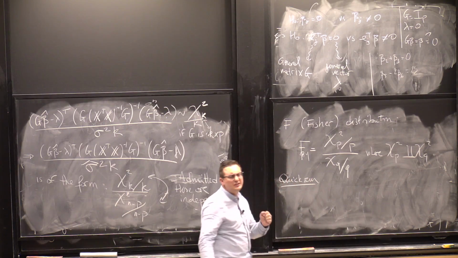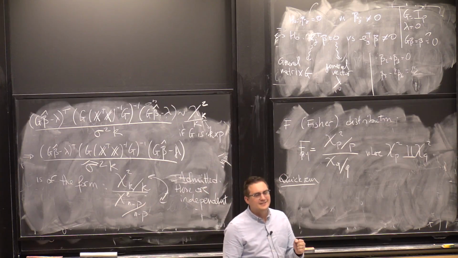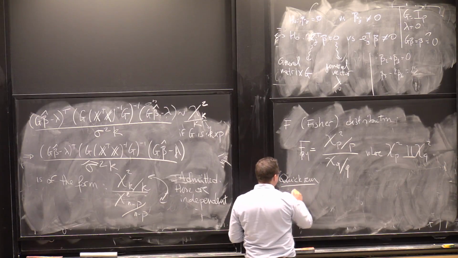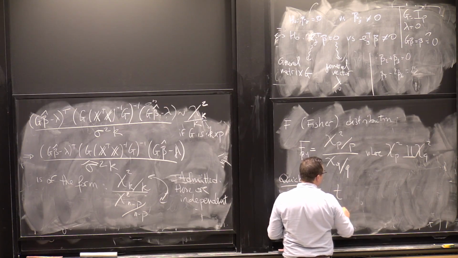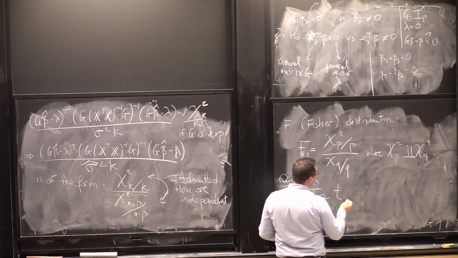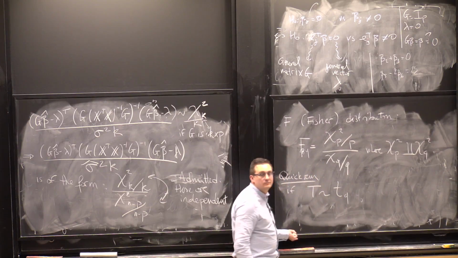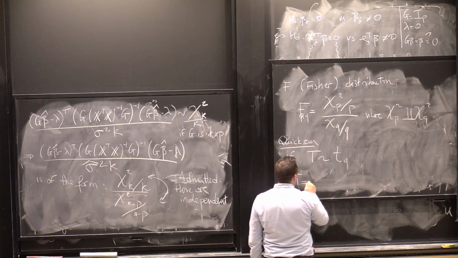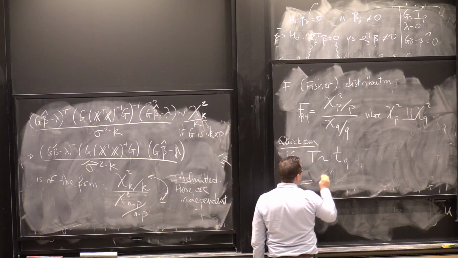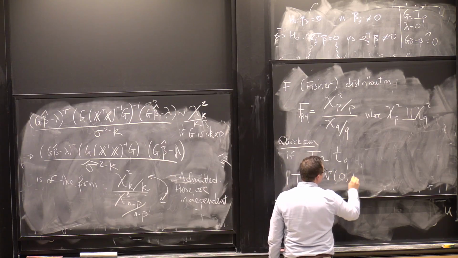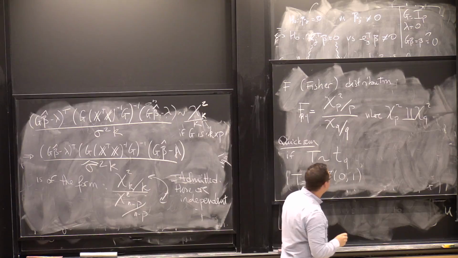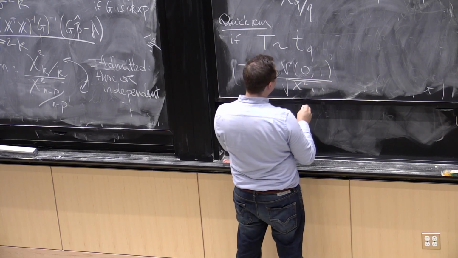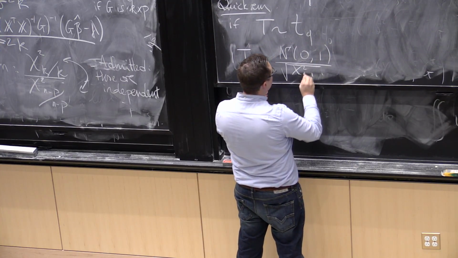Are those things really very different, right? How can I relate a chi-square with a T distribution? Well, if T follows, say, a T_Q distribution, okay? So that means that T is some N(0,1) divided by the square root of a chi-squared Q divided by Q, right?